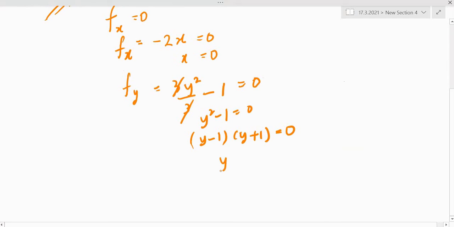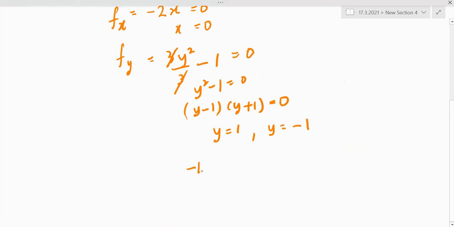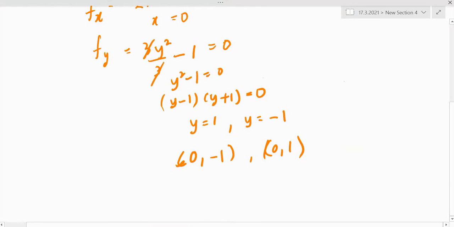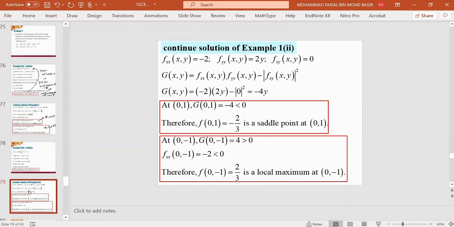Then y equals 1 or negative 1. So you have 2 points now: (0, -1) and (0, 1). You have 2 critical points.